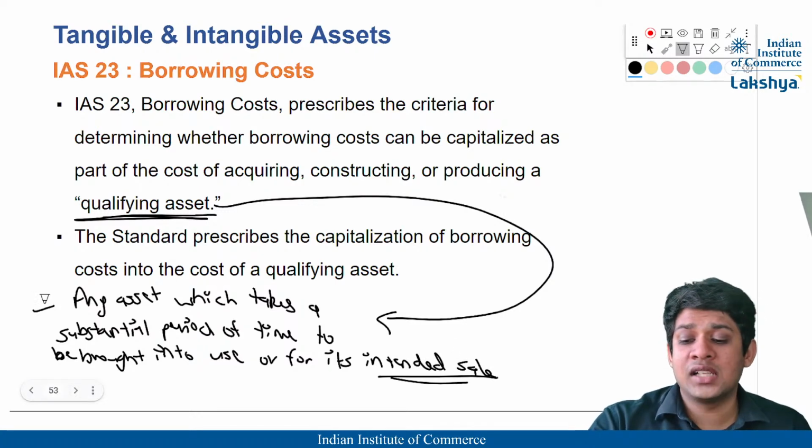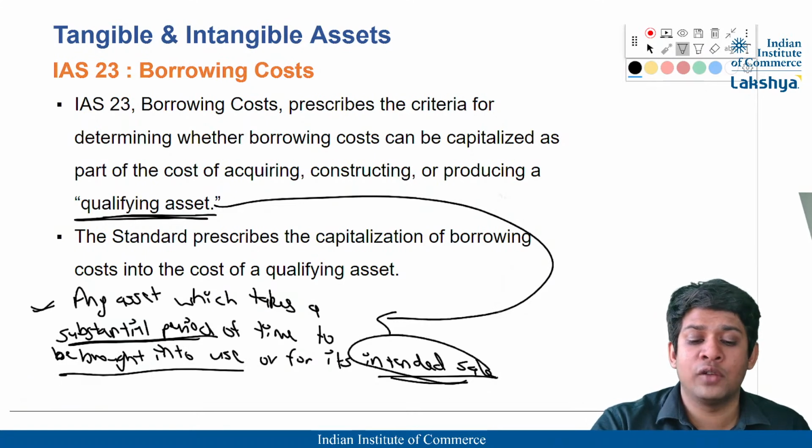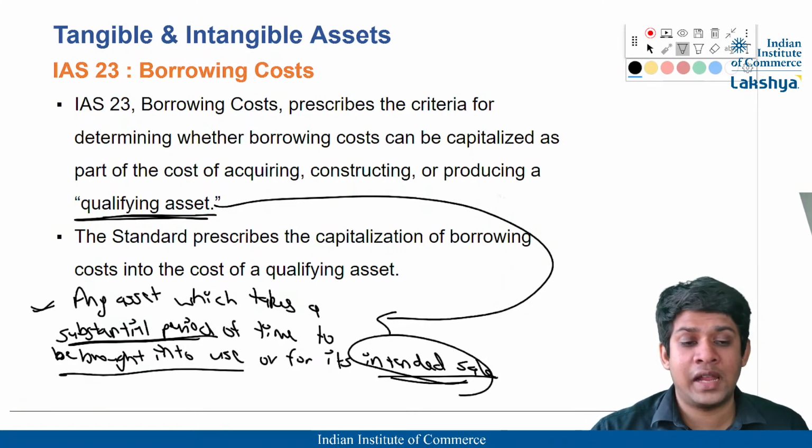Right? So any asset which takes a substantial period of time to be prepared for its intended use or for the sale of it can be known as a qualifying asset.